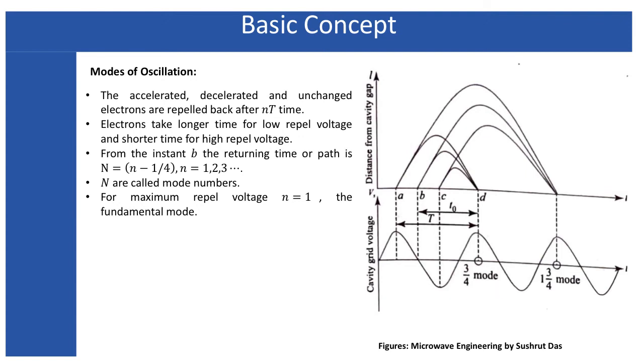And these modes can be written in a general manner as shown over here. For maximum repeller voltage, the returning time will be smaller, and if you maintain the 2 pi phase during their return, then with the application of the maximum repeller voltage, n should be 1, and that corresponds to the fundamental mode of the oscillators.